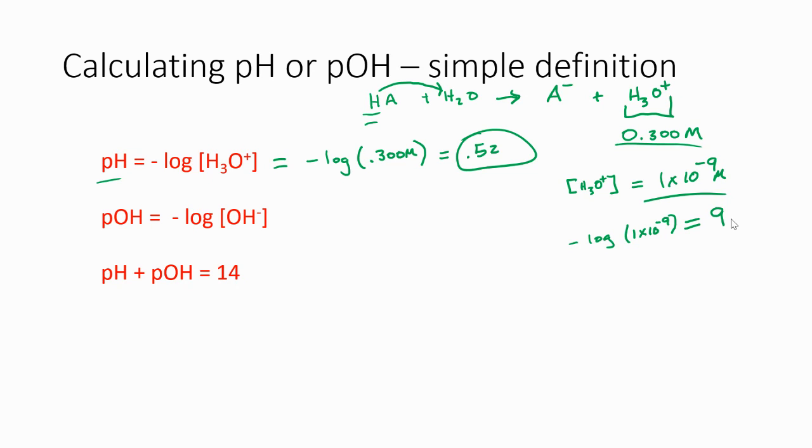There are other, lesser known scales than the pH scale. An example would be the pOH scale. It's essentially the same sort of scale, but based on hydroxide ion concentration. So let's say I have a base, and that base is XOH, and I put it into water.